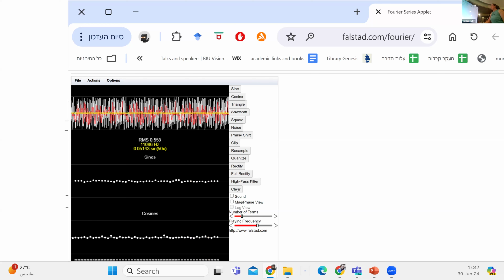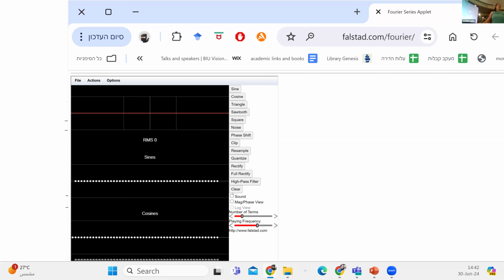And now, do you want to hear one of them? I won't do it too loud because it's really awful. Okay, so here, for example, this is a sawtooth. I don't know if you hear it. Right. So this is sawtooth. And this is triangle.